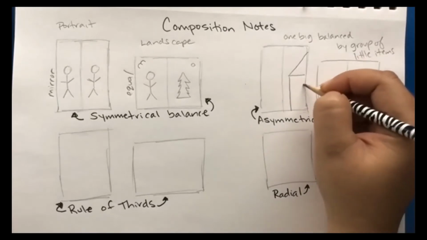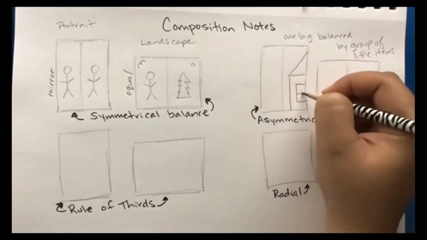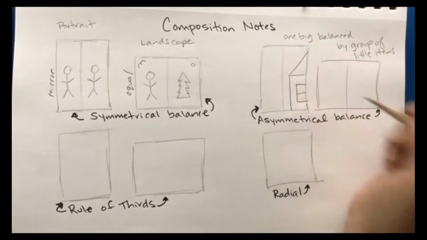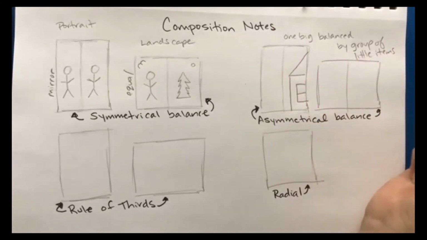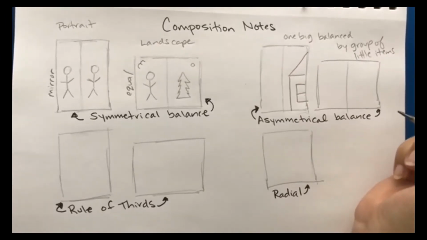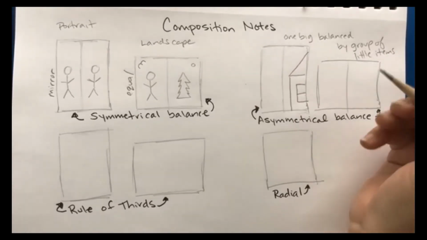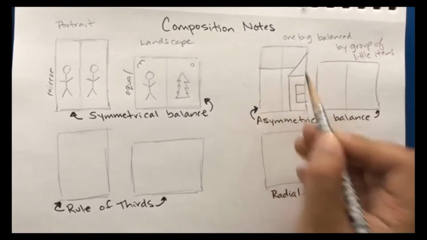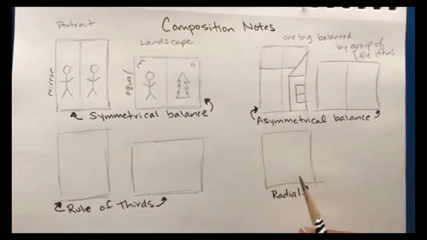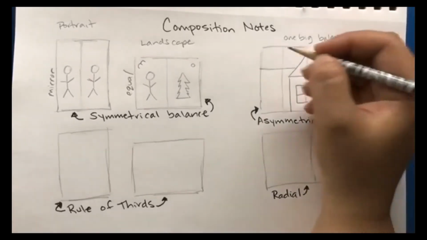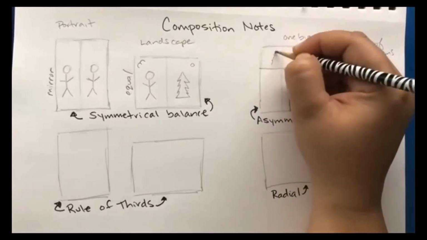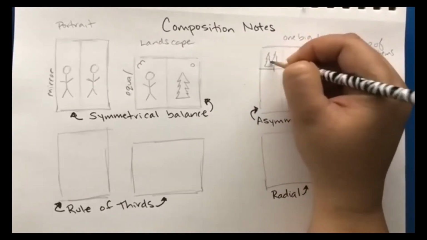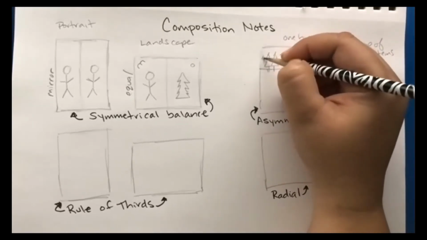Let's see, I'm gonna put a window, like we're really zoomed in. And then in the distance, we have our ground line. And then maybe in the distance, we have a bunch of small trees, like a little forest.